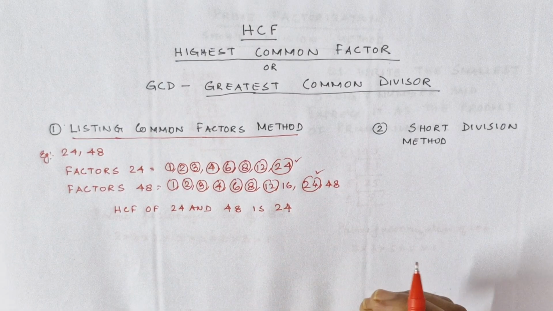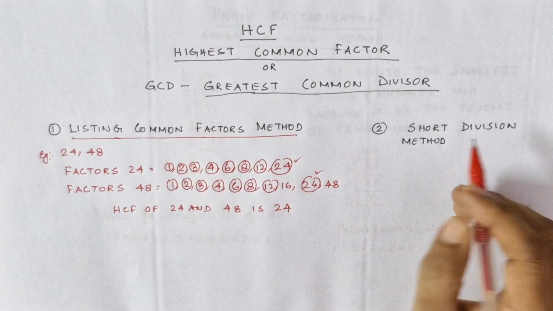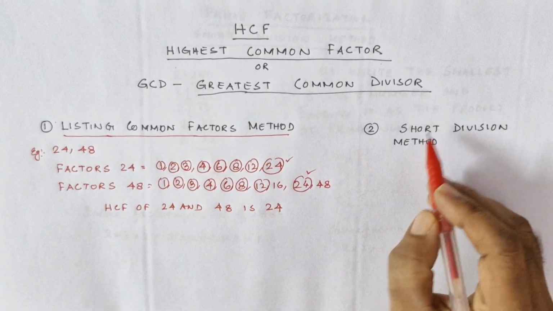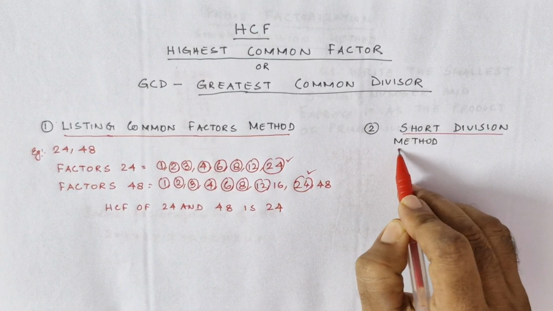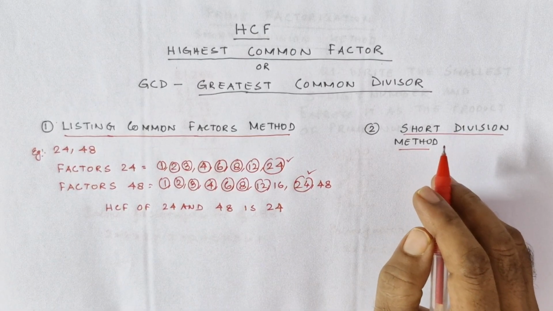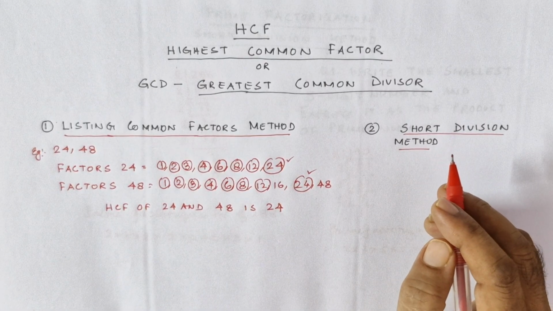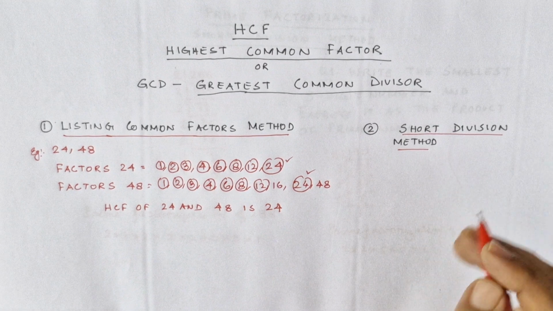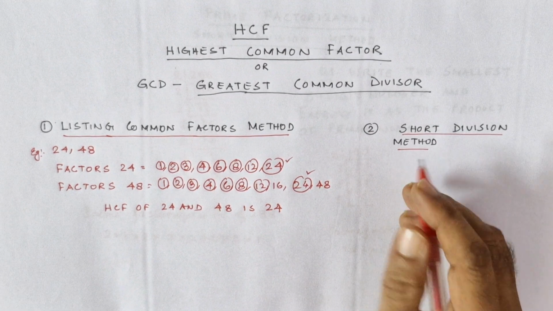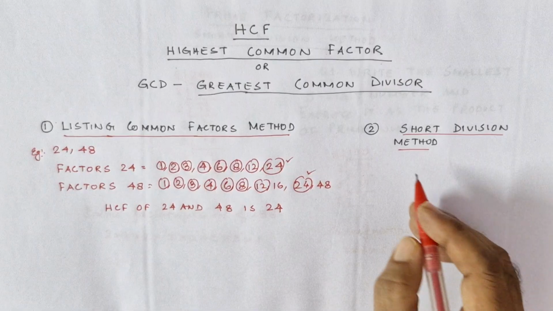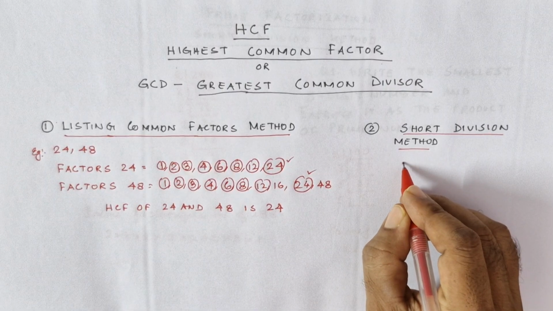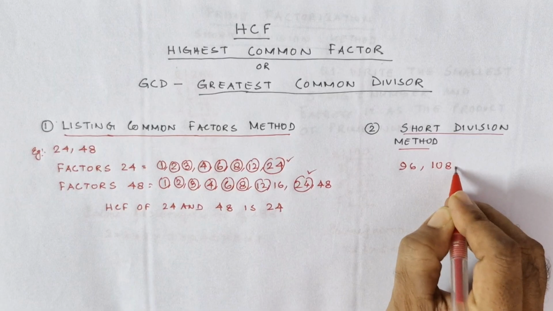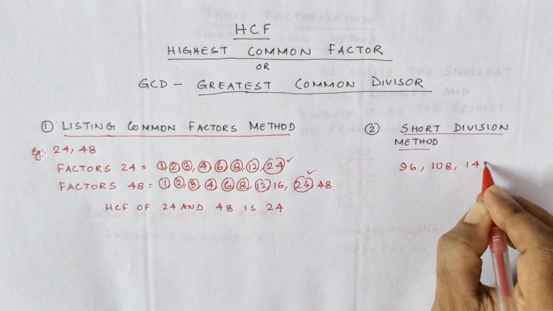Got it? So let's move on to the second method, that is the short division method. So what is that? We'll take up three numbers, and we'll try to show what this method is all about. 96, 108 and 144.